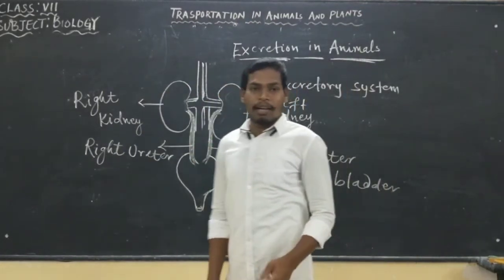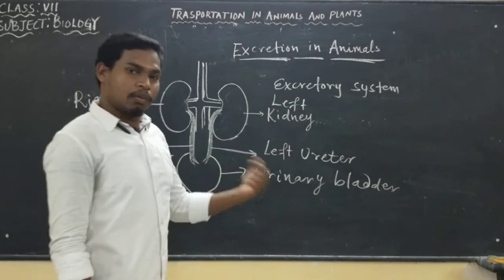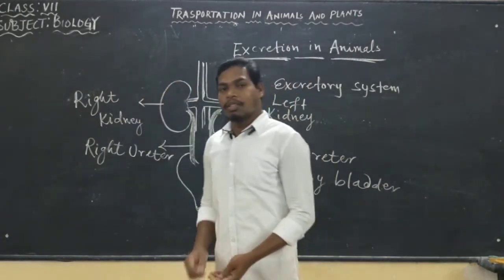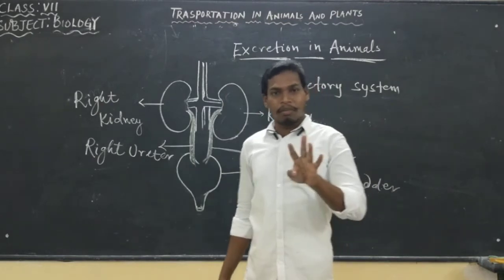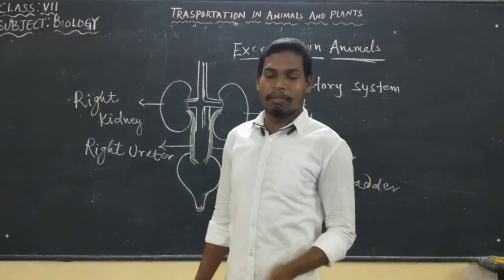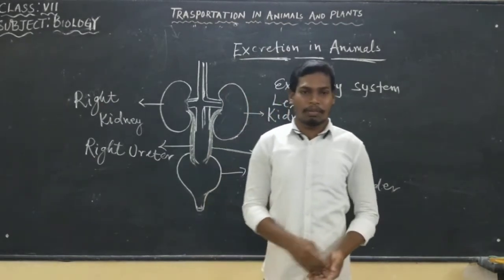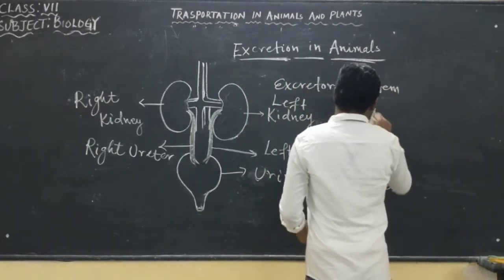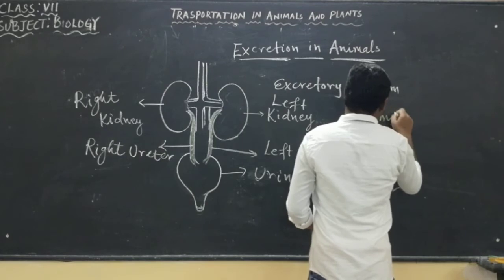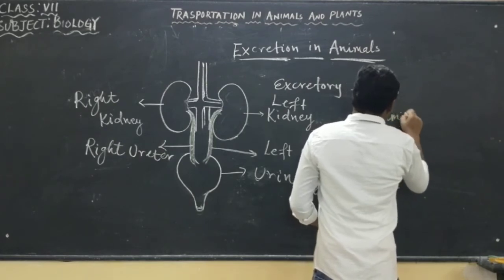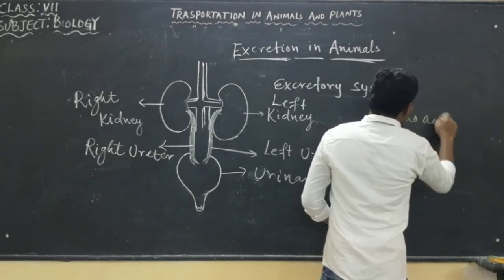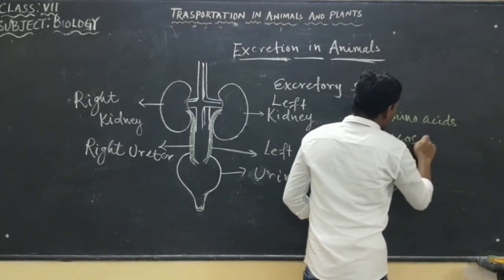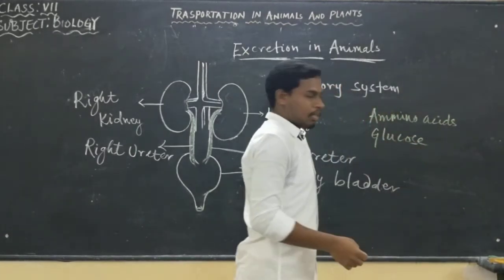Blood always contains some waste substances as it is transported. So blood contains good substances as well as bad substances. The good substances are amino acids and glucose.